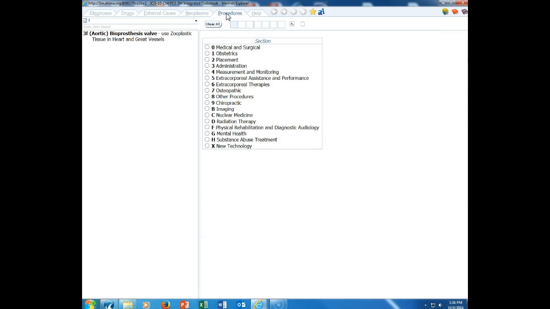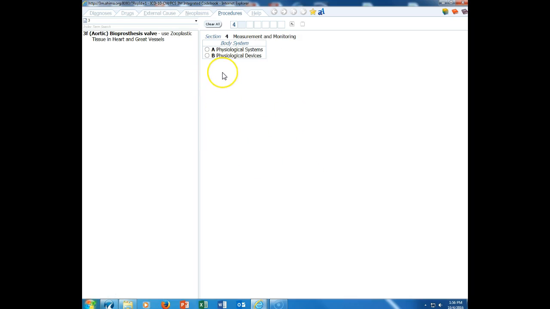And we're going to look this up, but I also want to point out to you in your book on page 394 in table 15.2, it gives you the codes for the most common procedures, and left heart cath is listed there. So it is under measurement and monitoring. It's a physiological system.